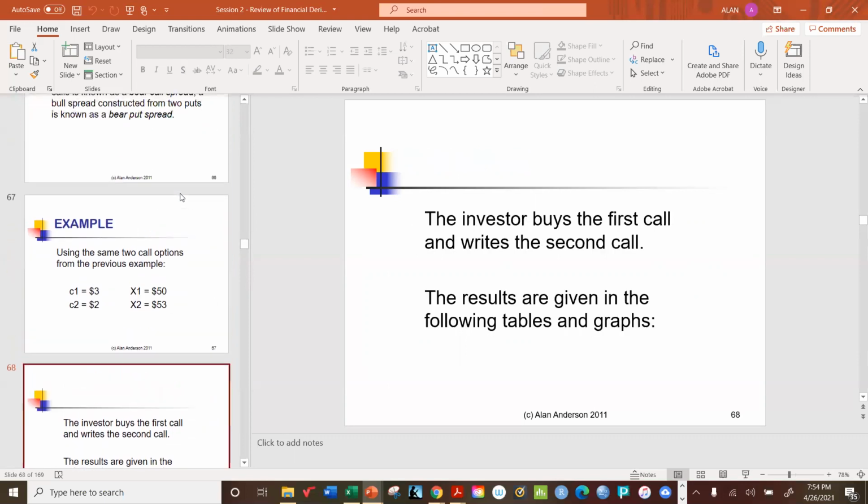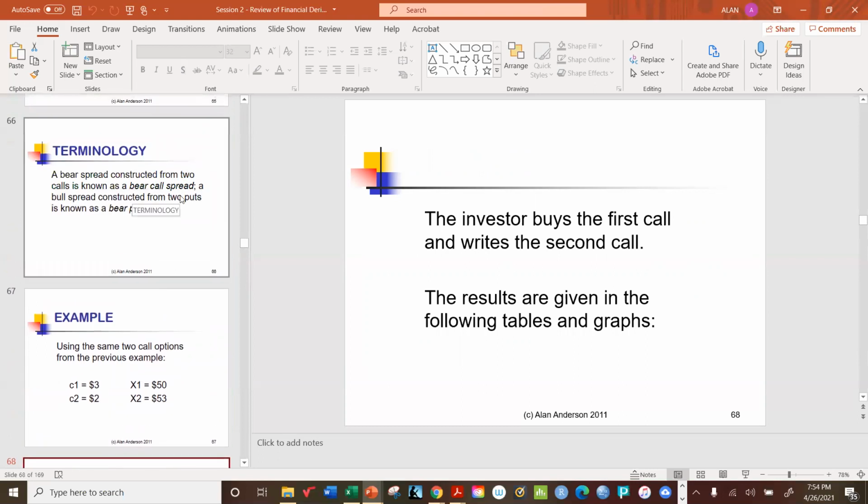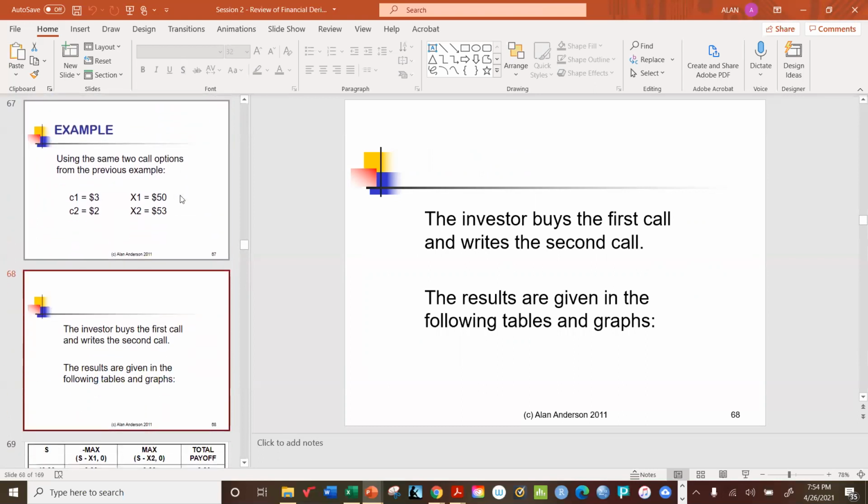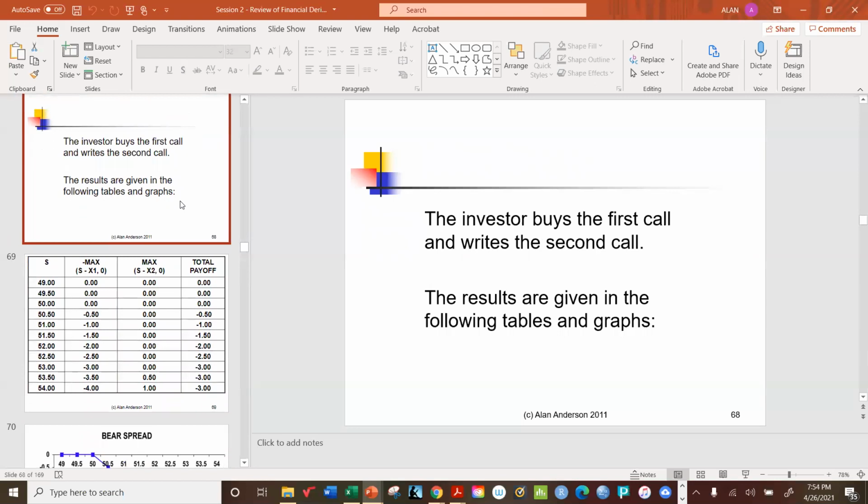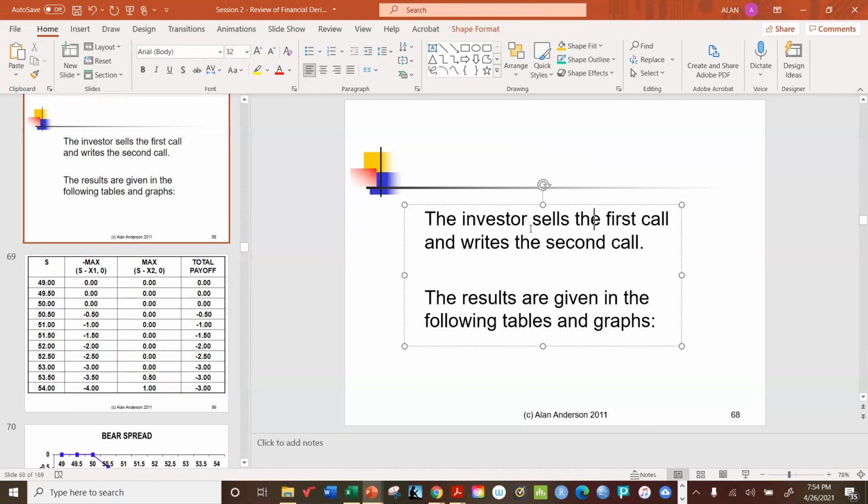Let's see what happened here. No, something went wrong, this is incorrect. We sell the first call and buy the second. So we're reversing the bull spread: instead of buying the first and selling the second, we're doing the opposite.